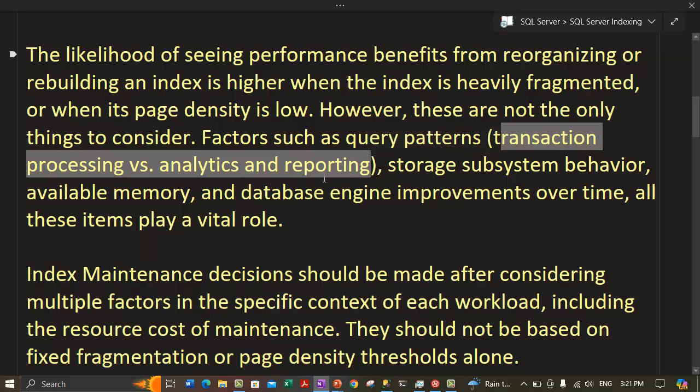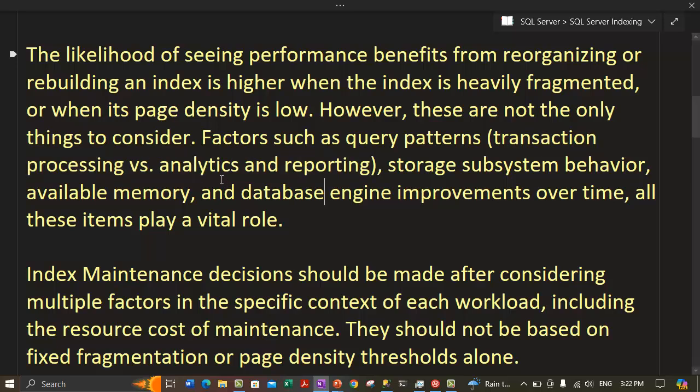What kind of queries are we running against which data store, whether it's an OLAP database, which is used for online analytical processing and contains very minimal redundant information compared to the data warehouse, which contains redundant information. We should also consider the behavior of your storage subsystem, like what kind of storage are you using?